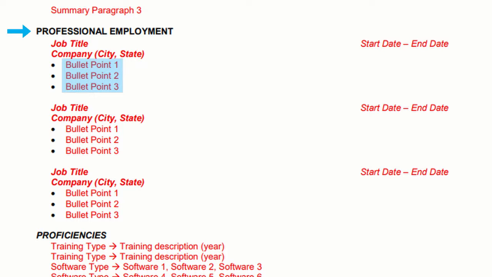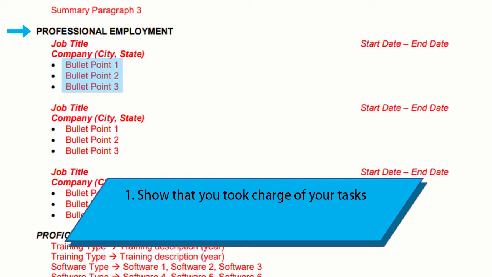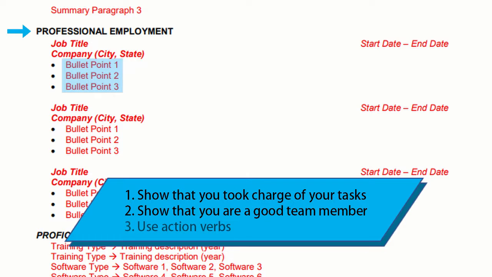In these bullets, show the hiring manager that you took charge of your tasks. Describe the work that was assigned to you and your responsibility. Also, show that you're a good team member. Mention that you have worked in a team, collaborated with others, created relationships with customers, etc. Make sure to use action verbs.